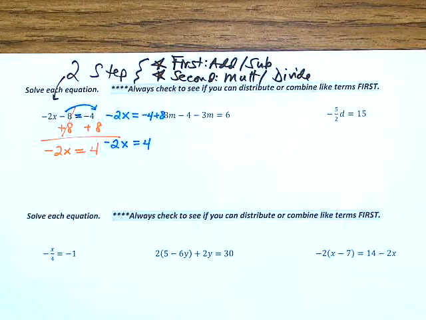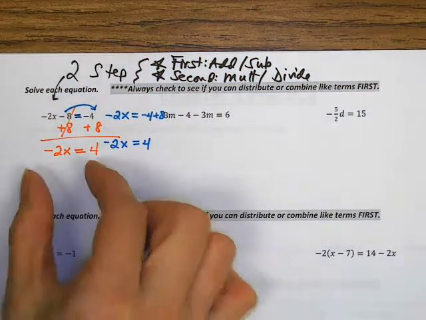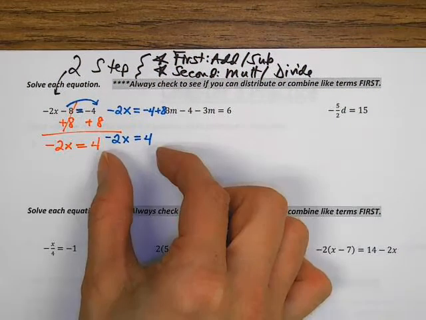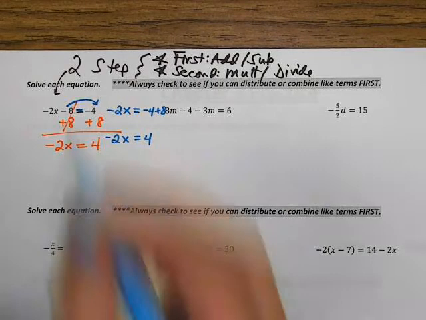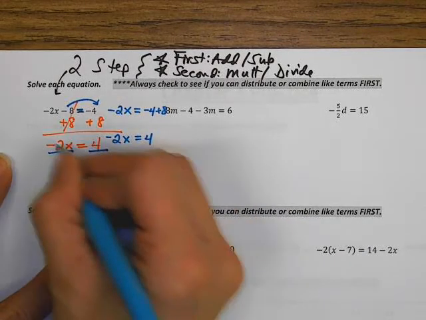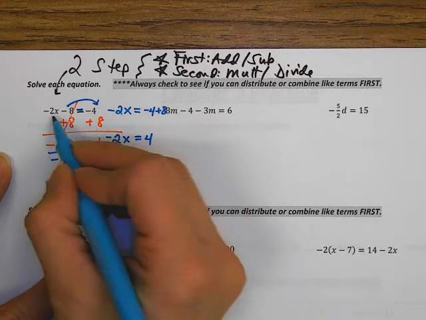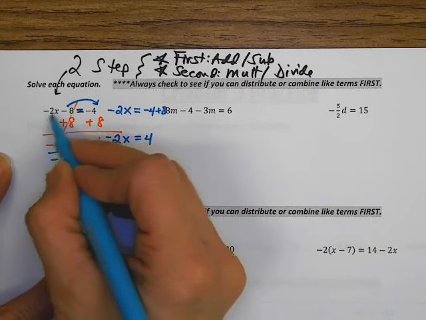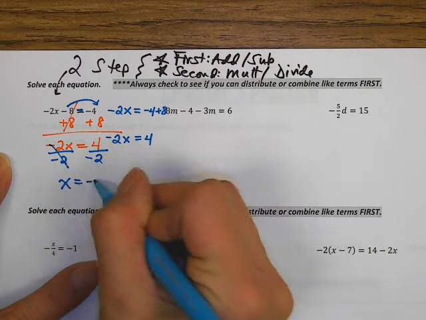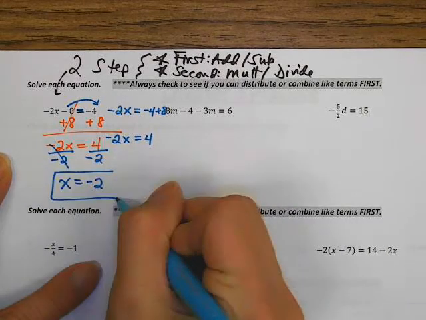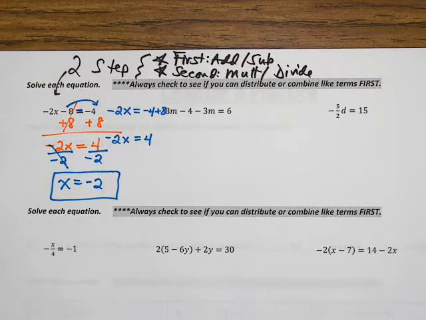So you get the same thing. You could do it the way that we first learned it, or you could switch sides. Okay, but we're not done. Both of these equations need to get finished. I need to divide by negative 2. So you always look in front of the x to see if the number is positive or negative. And x equals negative 2. So that's how you're going to solve a two-step equation.